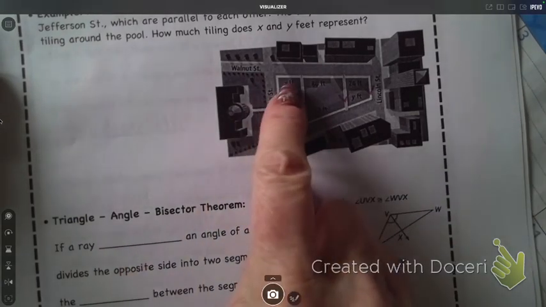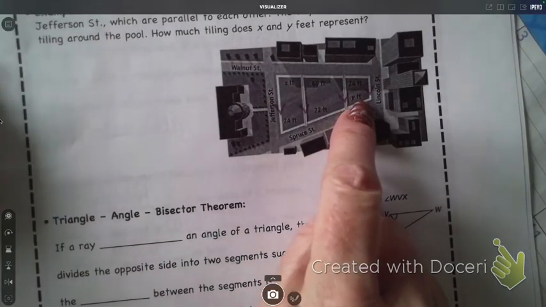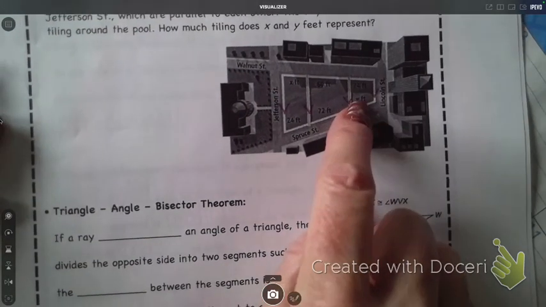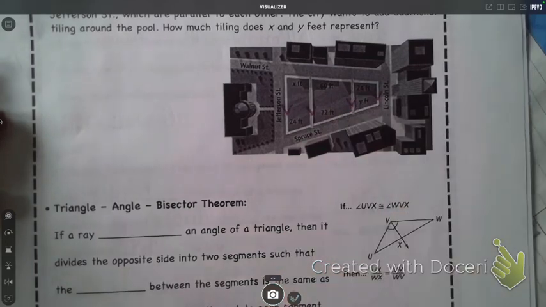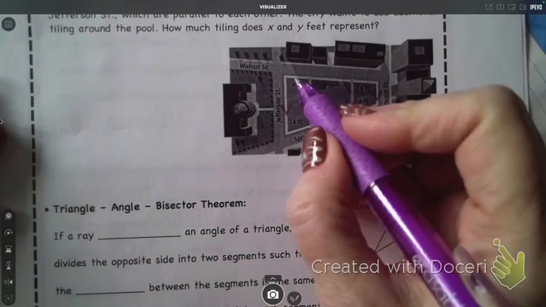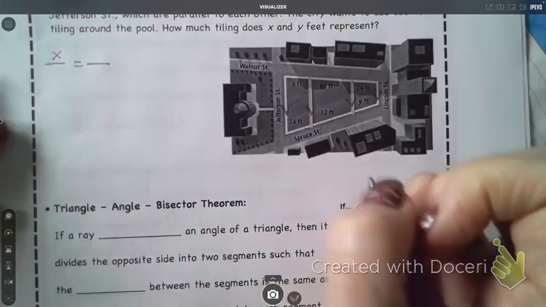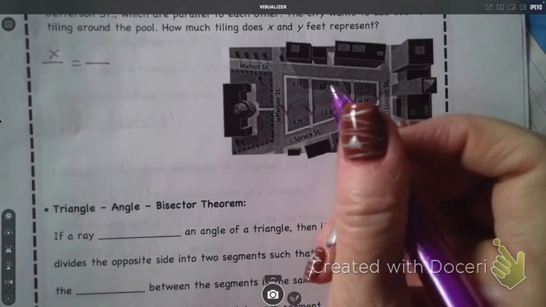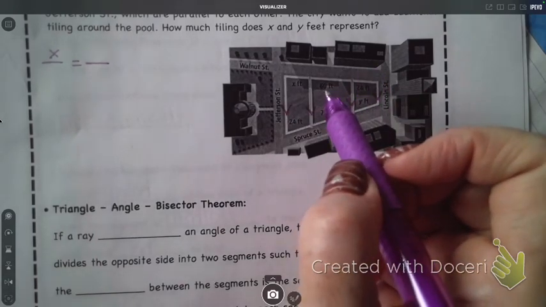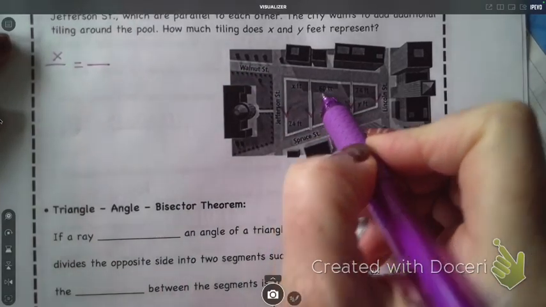So here's X, and here's Y. Hopefully, look on your paper, you'll see it better than up on my screen. So should we go with X first? Kerrigan, this might help you with setting up how I'm doing it. I personally would do X is equal to 60.